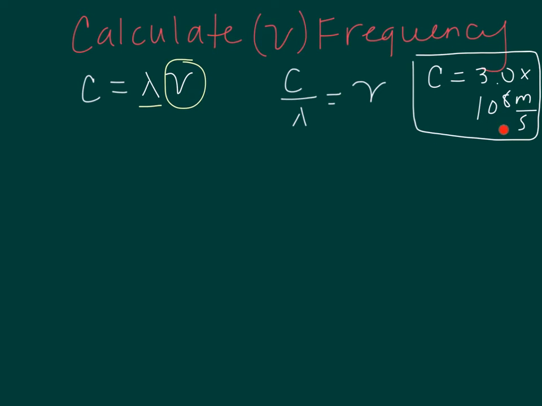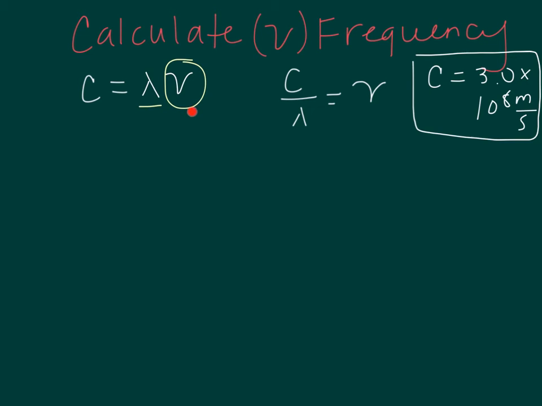The value on your lab for C is 3.0 times 10 to the 8th meters per second. We might have seen in our textbook or in a video that it's 2.99 something times 10 to the 8th meters per second. It just depends on how you round the number, but your lab is giving you this value, so this is the value we want to use for these lab calculations.